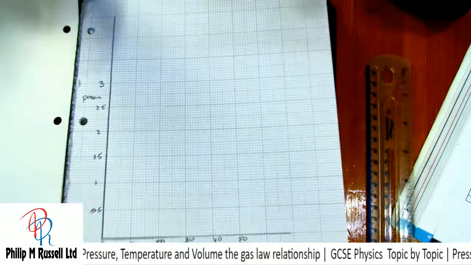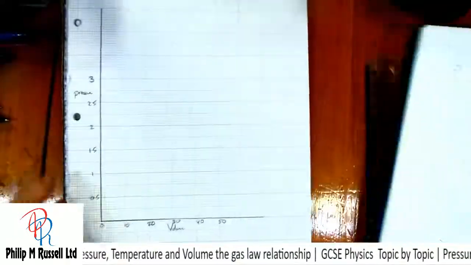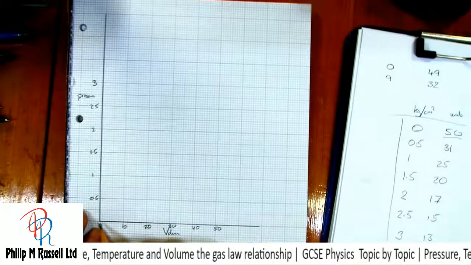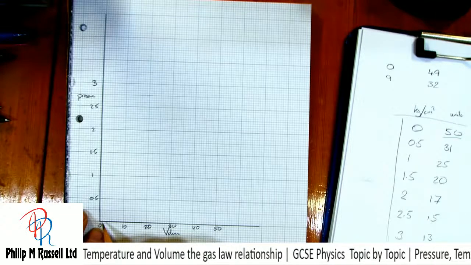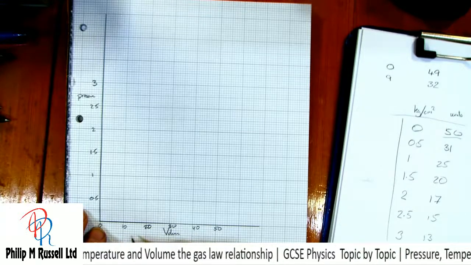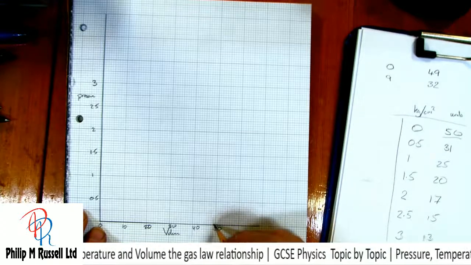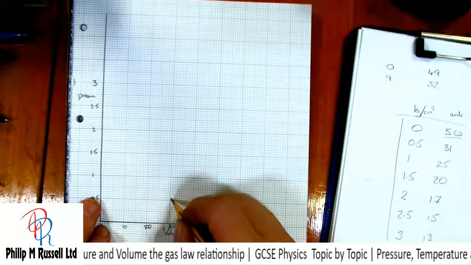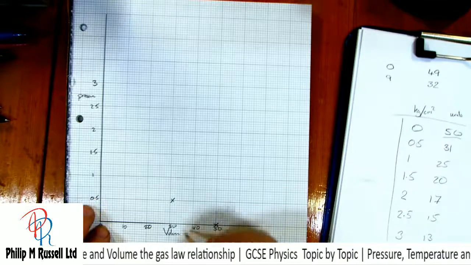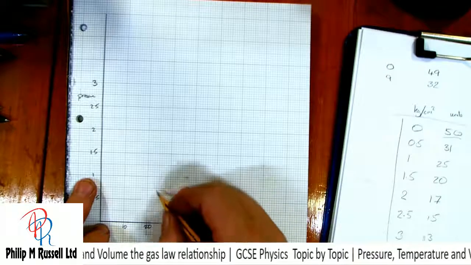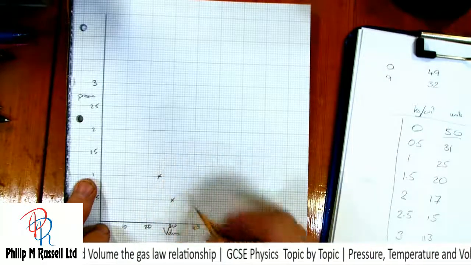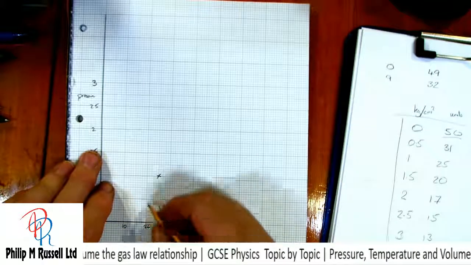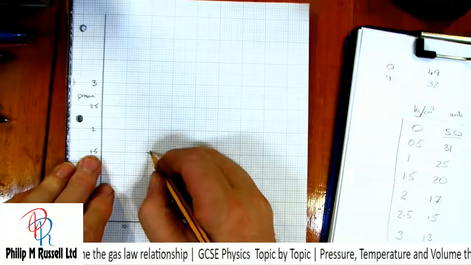So let's have a look at this data. I've got the data here. So at a pressure of 0, we've got a volume of 50. When we went to 0.5, it went to 31. When we went to 1, it went to 25. When we got to 1.5, it went to 20.